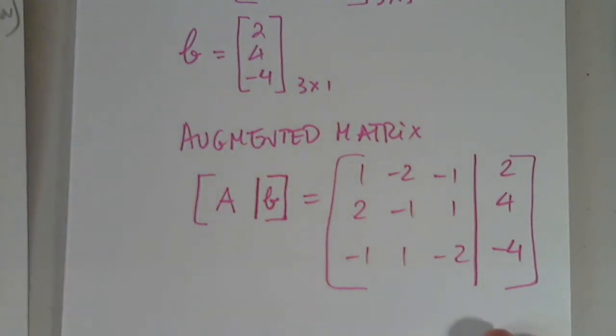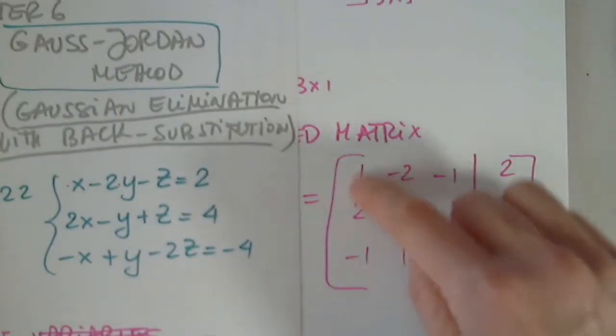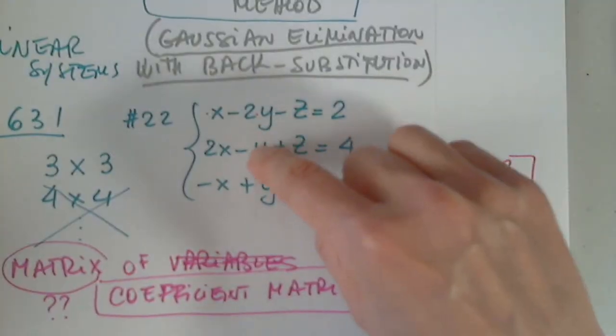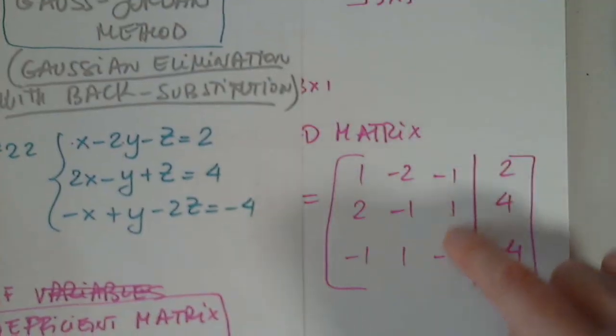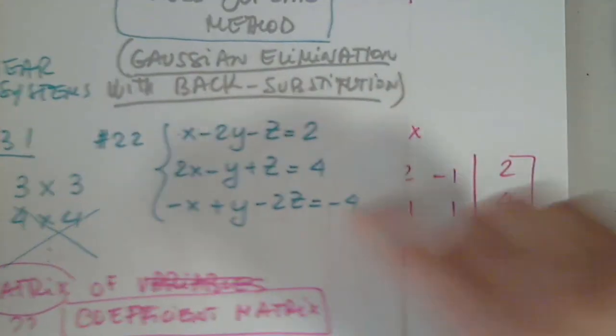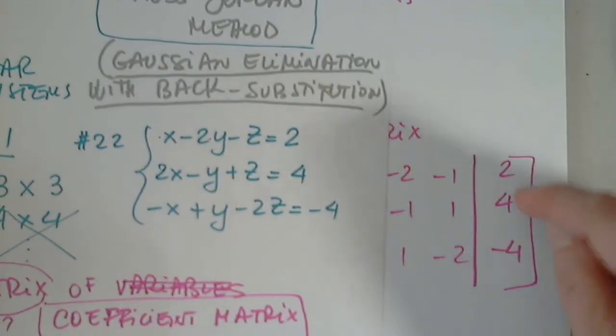Where does this come from? 1, 2, negative 1, coefficients of x, negative 2, negative 1, 1, coefficients of y, negative 1, 1, negative 2, coefficients of z, equal symbol, 2, 4, negative 4.